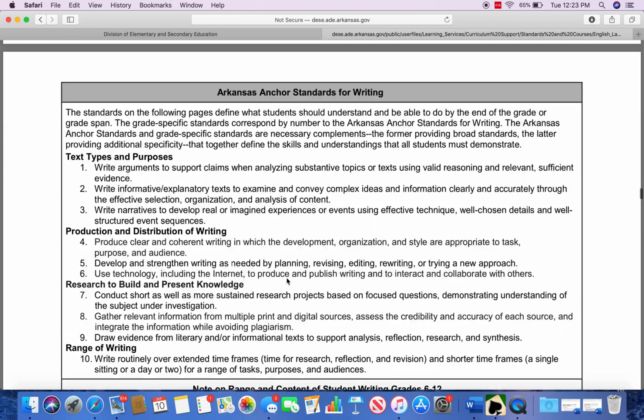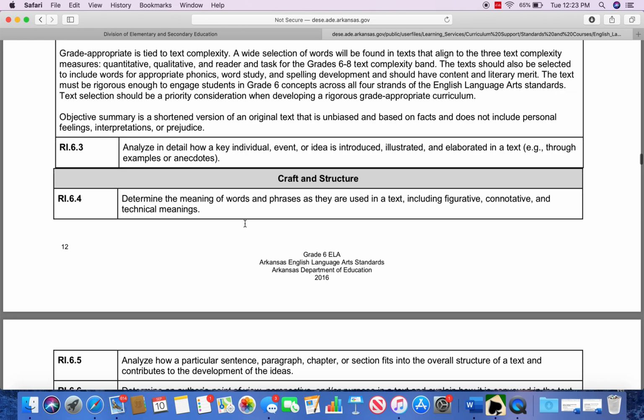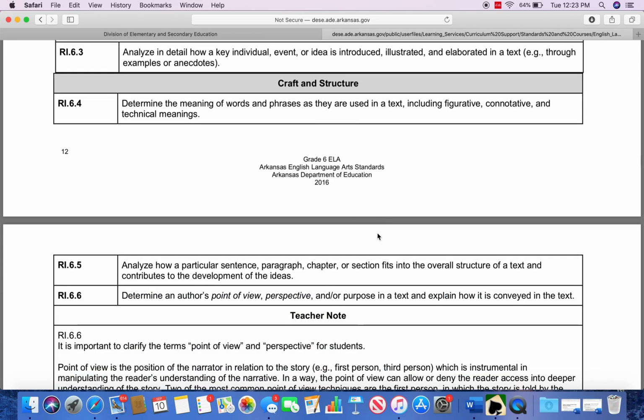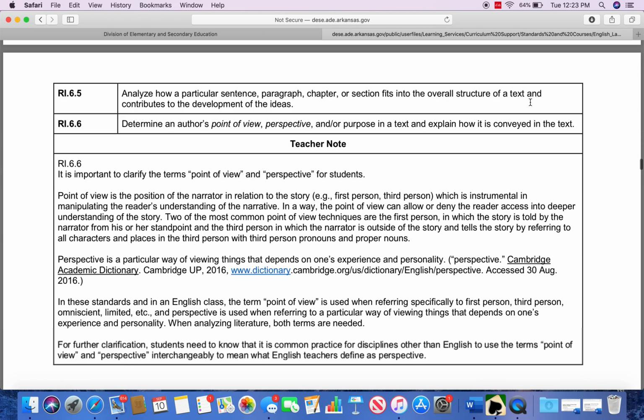If you incorporate these together, they have to determine the meaning of words. So they have to understand how this word or phrase is being used in this text, and what is it meaning? Is it figurative, or is it a definite dictionary definition, or does it just have connotative meanings to someone?